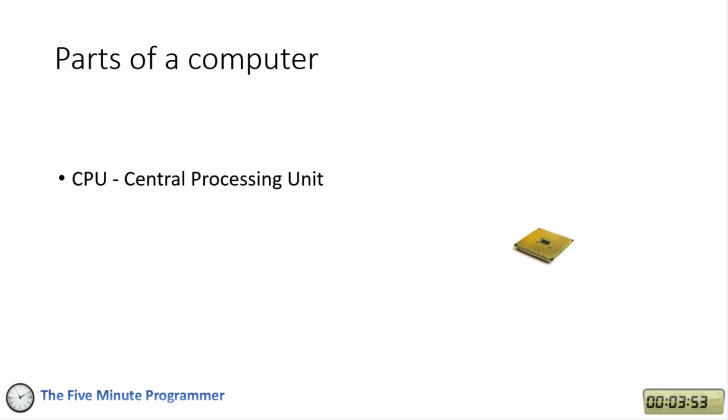Now, the central processing unit is often thought of or talked about as the brain of the computer, but a computer doesn't have a brain. It's not a living creature. So the central processing unit is a very complex, wonderful machine that can perform calculations and perform instructions that we tell it to. This is the thing that actually executes the program.